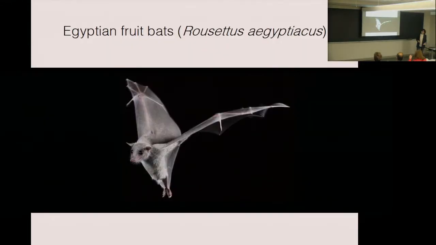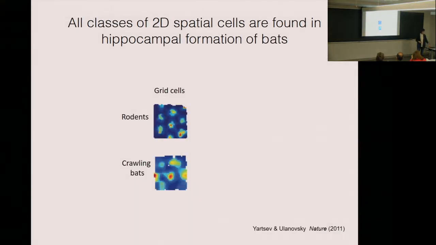So we turn to the flying mammal, the Egyptian fruit bat, and let me tell you what happens in these bats in 2D when they're crawling on surfaces.